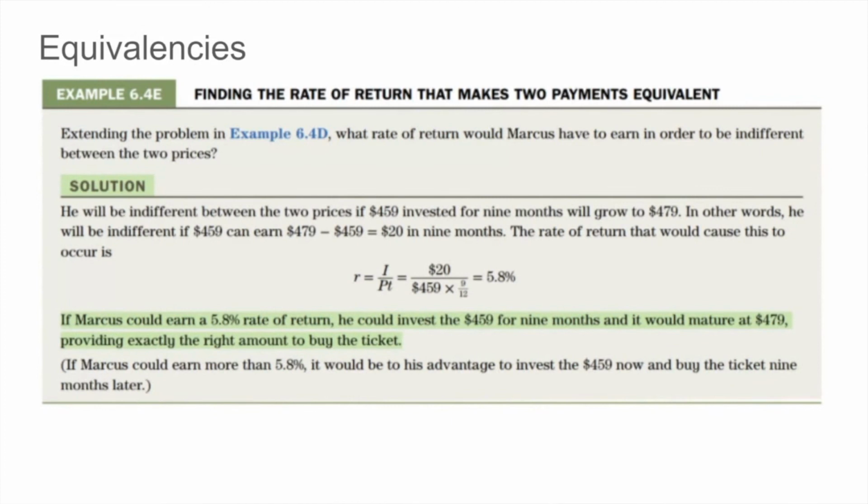So the rate of return that would cause this to occur, we just take the I equals PRT formula and put it in. So $20 is the interest, which is effectively the difference between the two prices. The $459 is principal. The time is 9 months over 12. So if it was 5.8%, realistically, he'd be indifferent to buying the ticket now or buying it in 9 months' time. Effectively, that's what that's saying.